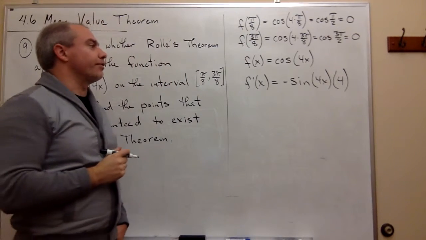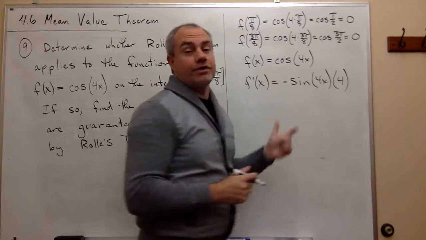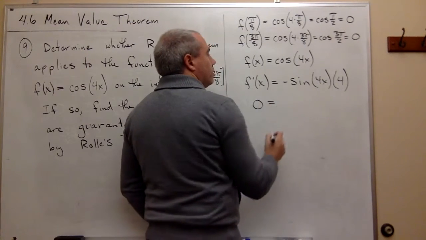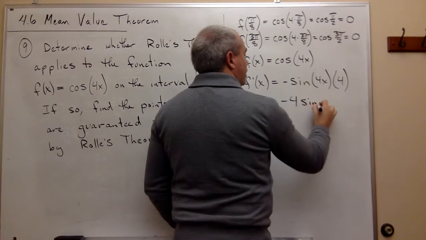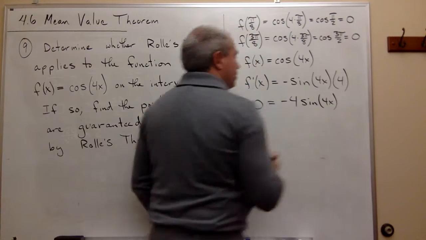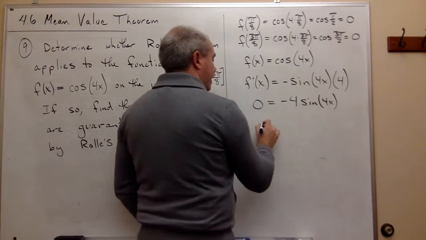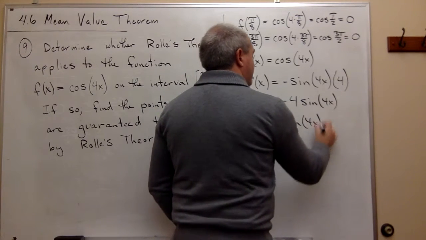Okay, so here's my derivative. And I want to know, where is this derivative equal to 0? So I'll set it equal to 0. I could also write this as negative 4 times sine of 4x. I could divide both sides by negative 4, and I get that 0 is equal to sine of 4x.